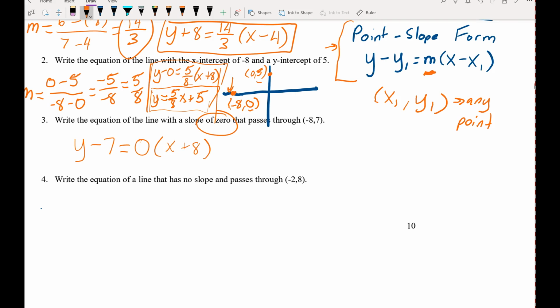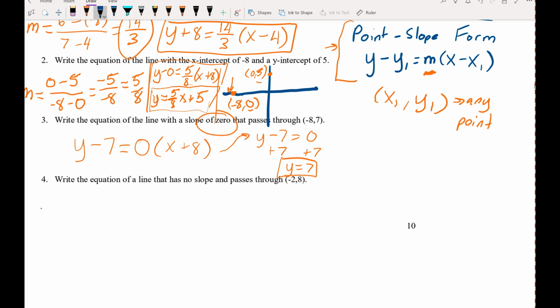Now, the right-hand side of that equation is just going to turn into 0 because 0 times anything is 0. So it's really y minus 7 equals 0, or if we add 7 to both sides, y equals 7. So that one simplifies pretty nicely.